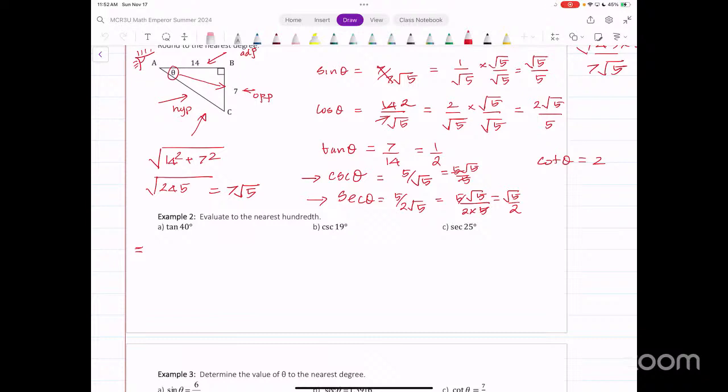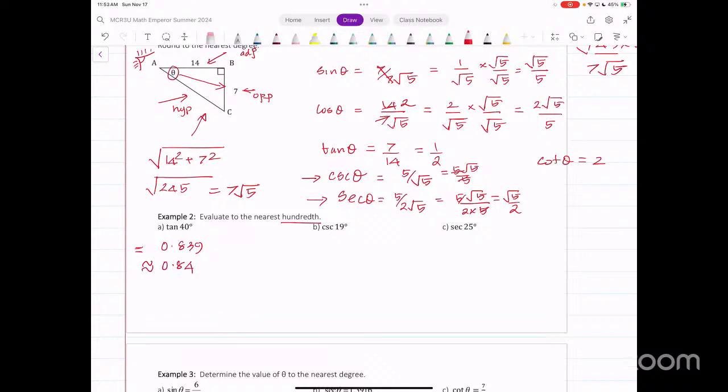You need to switch it back to degree. On the corner, what is displayed? Is it R? Yeah. So then press 40 first. Can you type 40 first? Yeah. And then press the tan button. What did you get? 0.8. That's what he said. So 0.8399 to the nearest 100. So nearest 100 means 0.839. Nearest 100 is going to be 0.84.